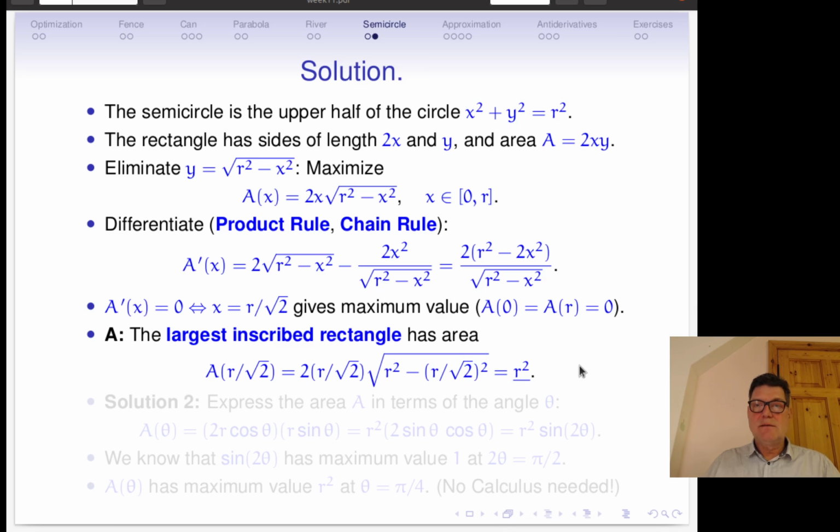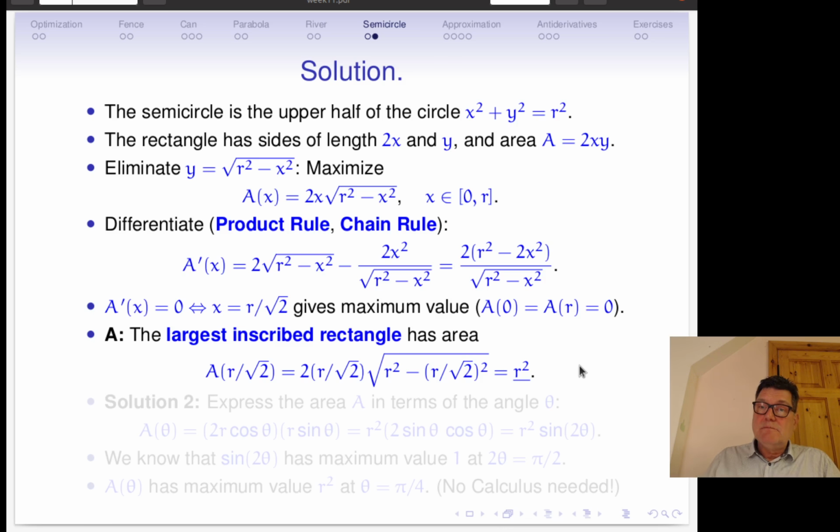That's the answer to the question, the area of the largest inscribed rectangle. It's a surprisingly simple formula after such a complex calculation, isn't it? The largest area of a rectangle inscribed into a semicircle of radius r is r squared.